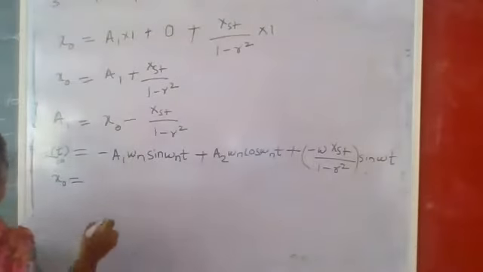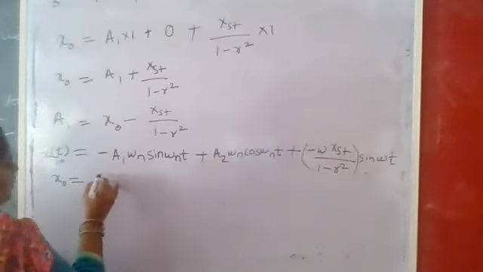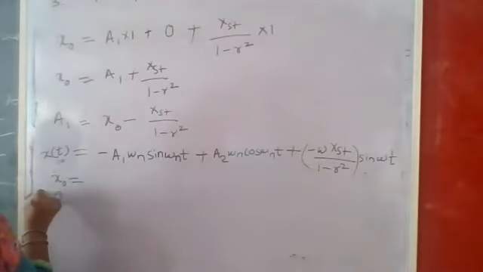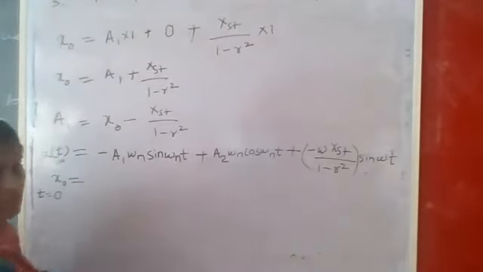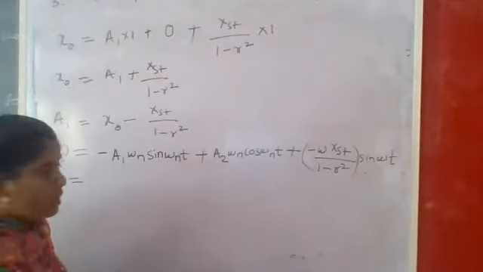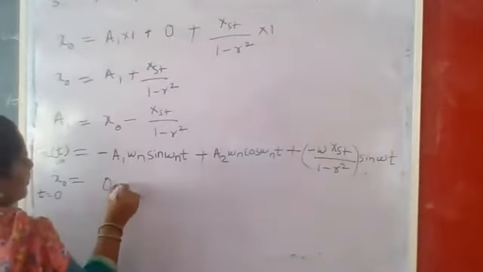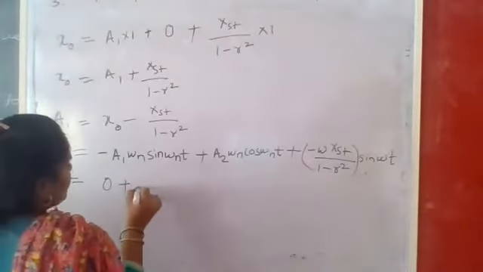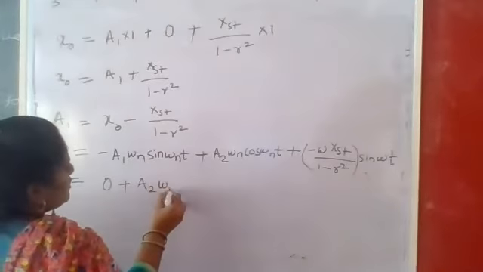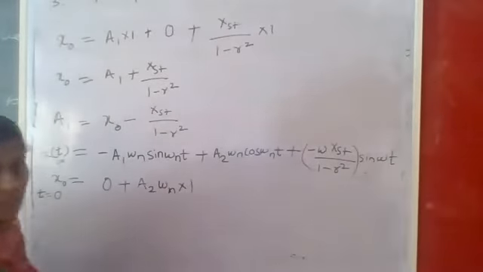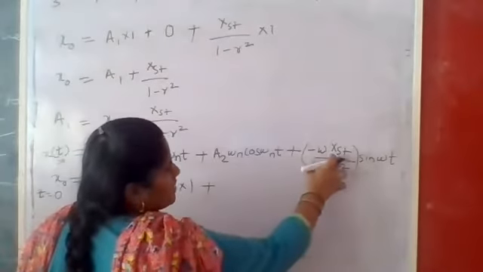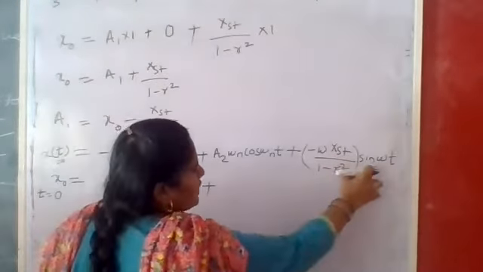So x naught dot, and into this term you can apply time t is equal to 0. At time t is equal to 0, sin 0 is 0, so that term is 0, plus a2 into cos 0, the remaining term is a2 into omega n, since cos 0 is 1, plus minus omega x st divided by 1 minus r square into sin 0.